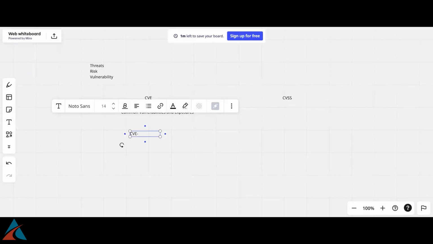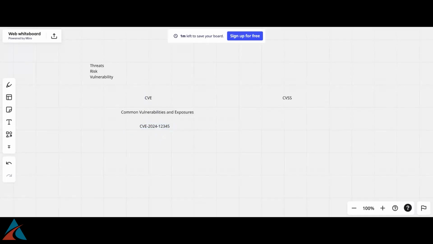CVE, then there is a hyphen, then the year that it was discovered, and a specific number in front of it. This is how your CVE ID will look.